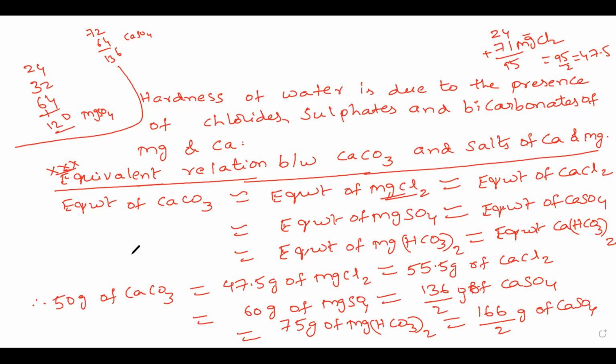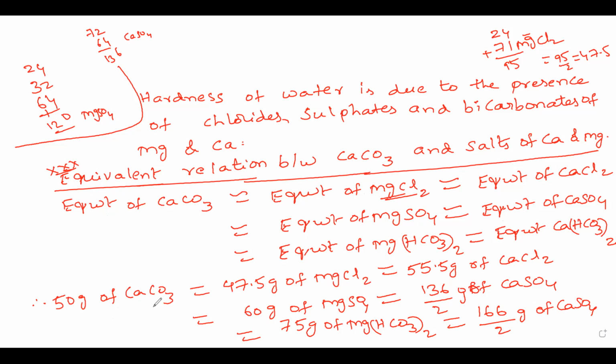So this is called the equivalent relation between calcium carbonate and the salts of calcium and magnesium. The equivalent weight of calcium carbonate is equal to the equivalent weight of magnesium chloride, which is also equal to the equivalent weight of calcium chloride, and of magnesium sulfate. So all the salts causing hardness, that is calcium and magnesium salts, are equivalent to the equivalent weight of calcium carbonate, which we got as 50 grams.